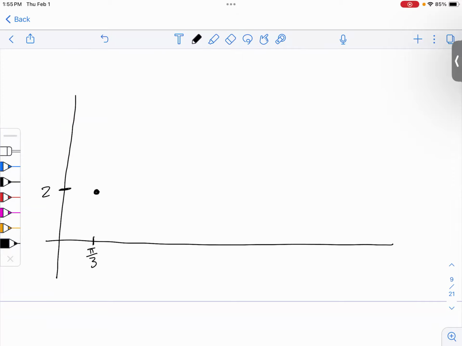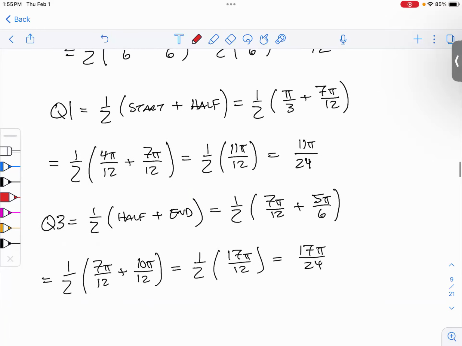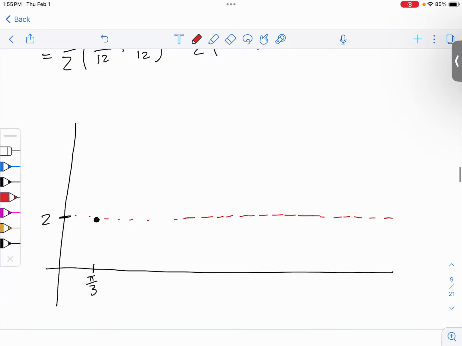All right, so actually, let's draw it like this. Our new baseline is that guy. And we hit our maximum. Our first quarter point is 11 pi over 24.